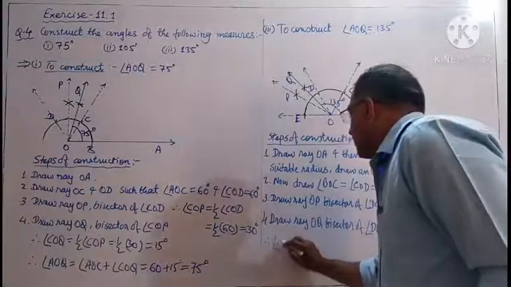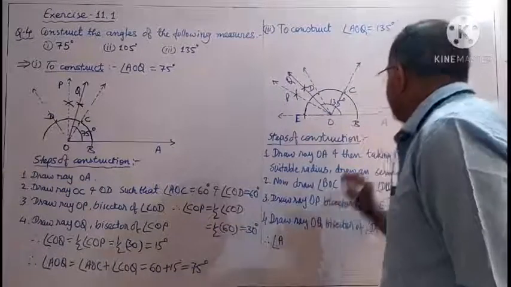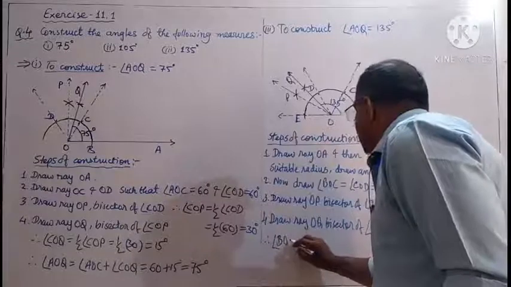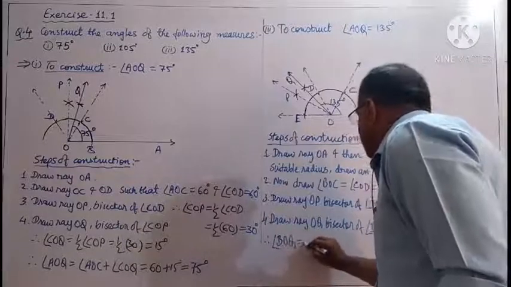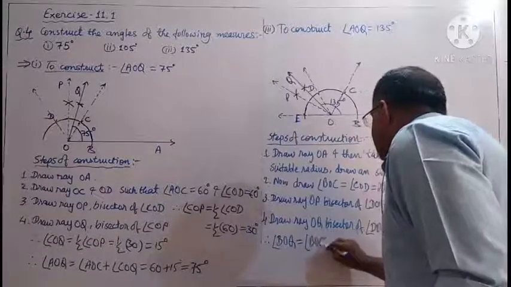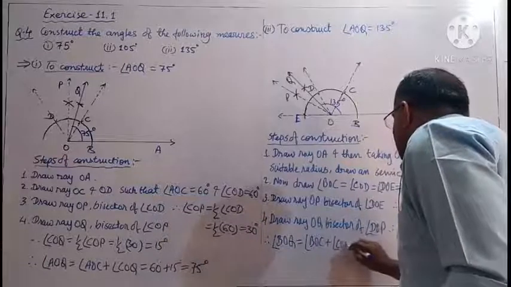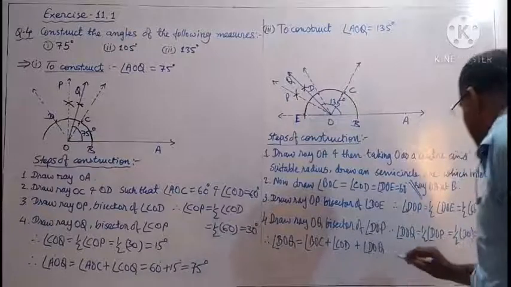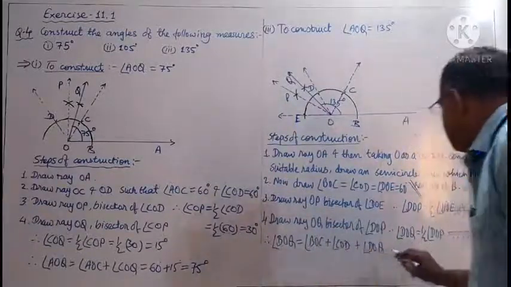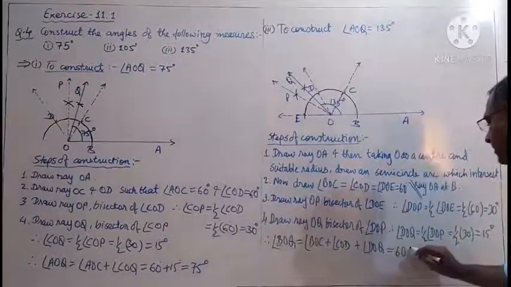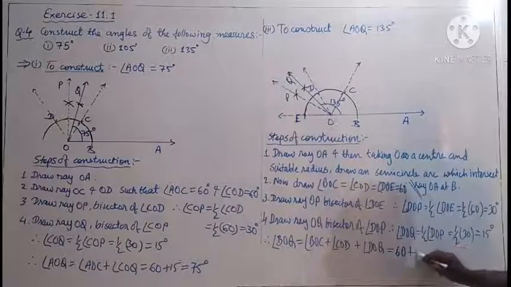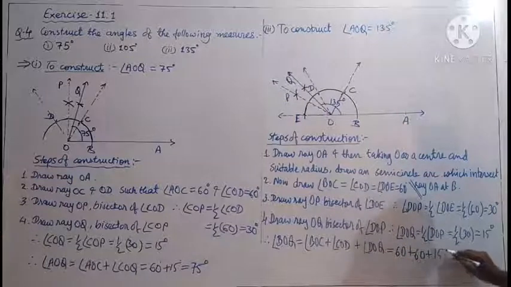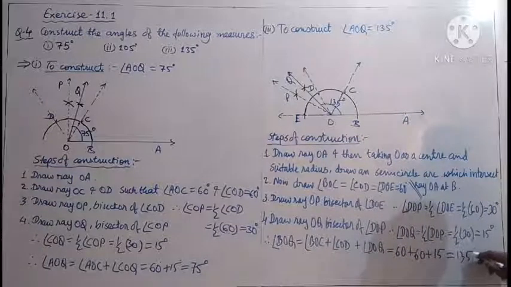Therefore angle BOQ is equal to angle BOC plus angle COD plus angle DOQ. Now what is BOC? BOC is 60, plus what is COD? COD is also 60, plus DOQ, which we have constructed as 15, and that is equal to 135 degrees.